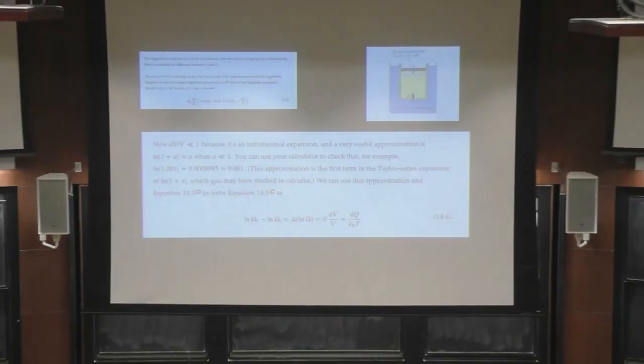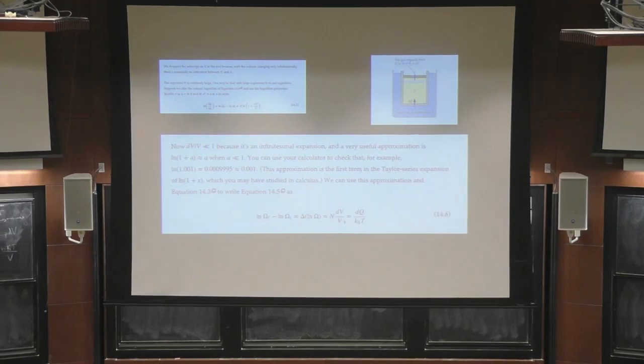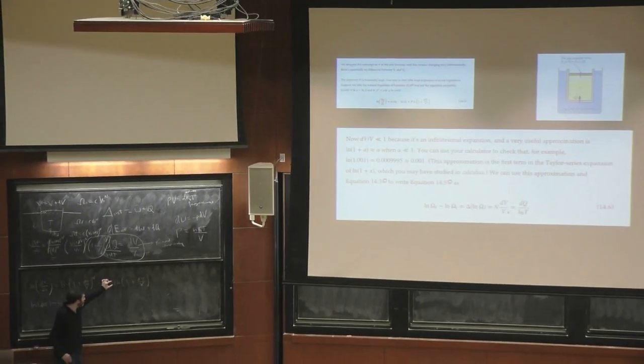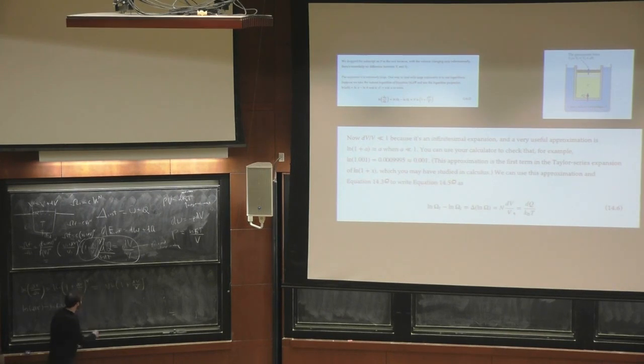So we get rid of this, and we just have n, and then it's going to be dV over V, because we take that Taylor series expansion and simplify that natural log. And that is again equal to dQ over kT, which we had from up there.